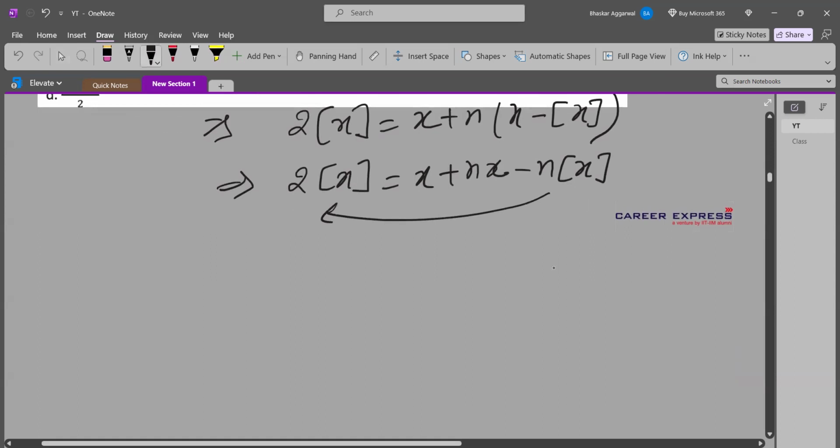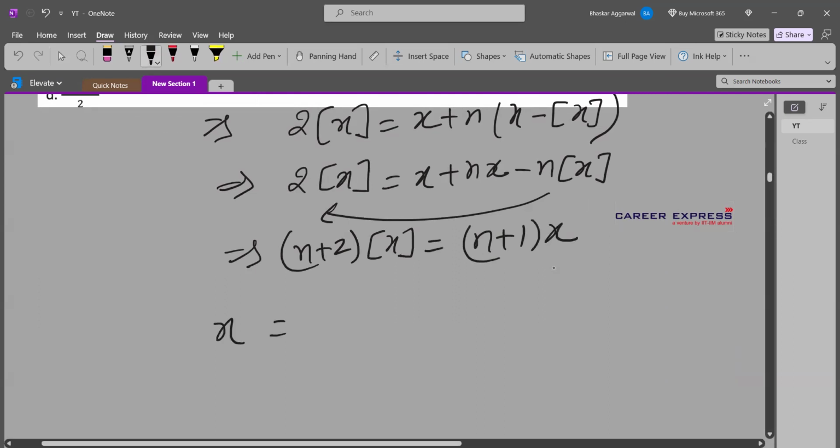This goes to this side. So we'll get n plus 2 box x, that is equal to n plus 1 times x. So from here we can say x will be equal to box x times (n plus 2) upon (n plus 1).